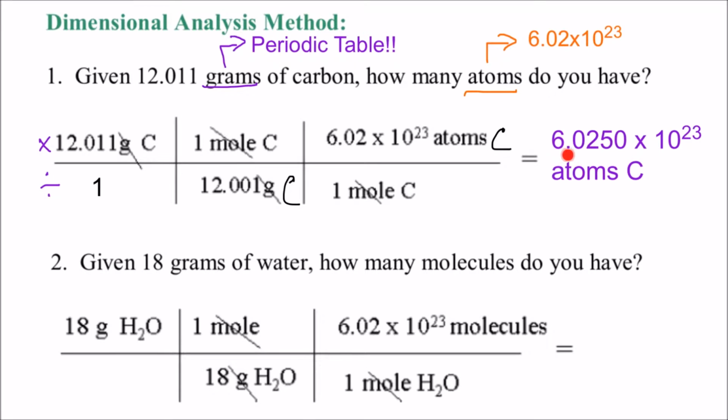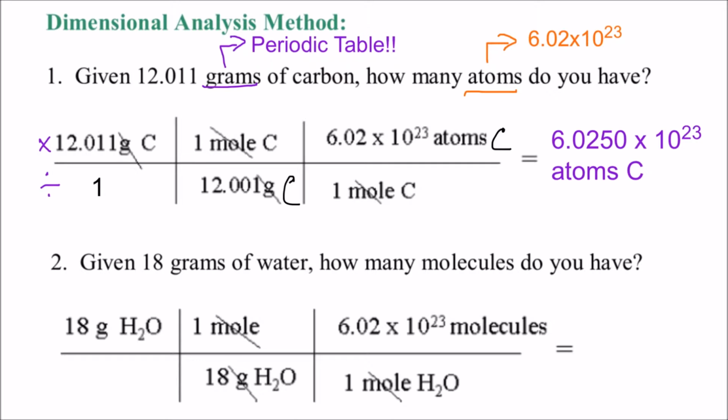Now I have already taken into account significant digits, and I'm going to assume that you know that. I don't need to keep reviewing it. If you need a review on sig figs, go back and watch the videos over those, please. Okay, so the given has 5 significant figures in it, and that means that our answer has to have 5 significant figures in it.